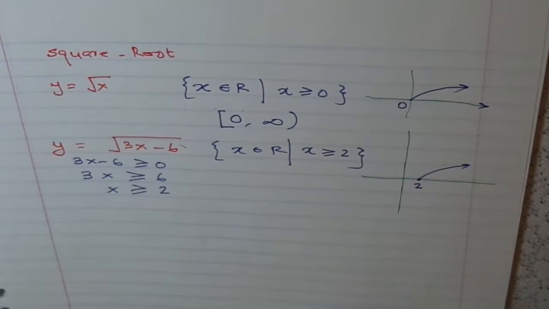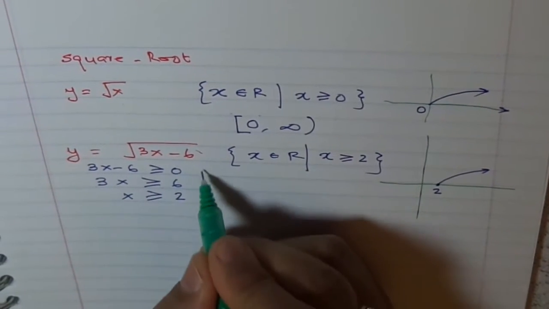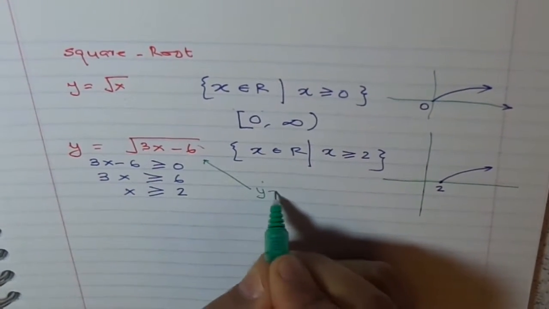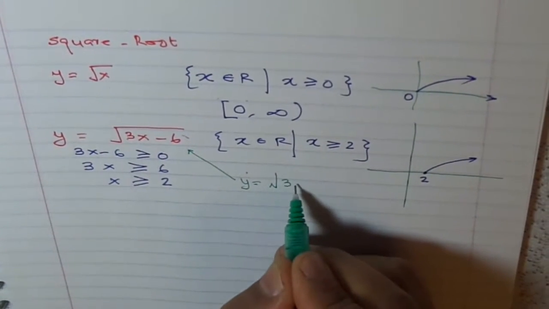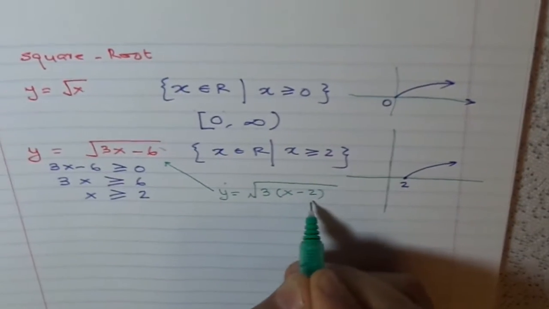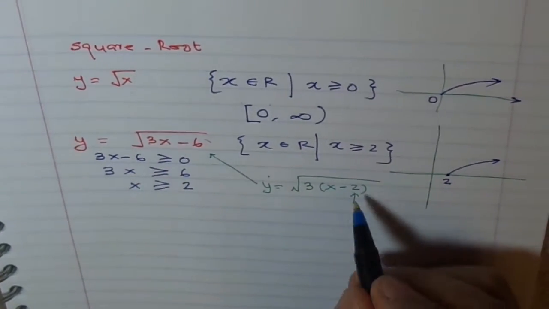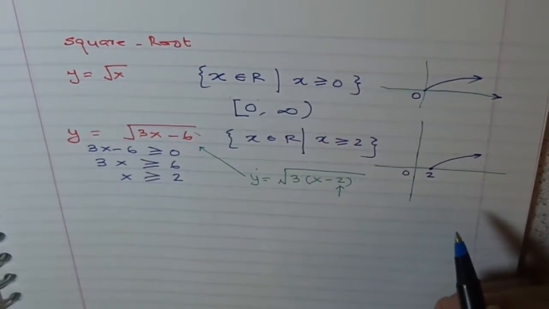Why 2 units? Well, let me show you that part also. When we say y equals, we'll take 3 common, 3 times x minus 2. Okay. So this is the 2 which shows that our function moves 2 units to the right from the origin, right? And that's how it is.